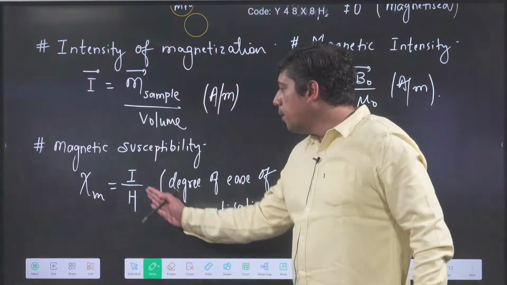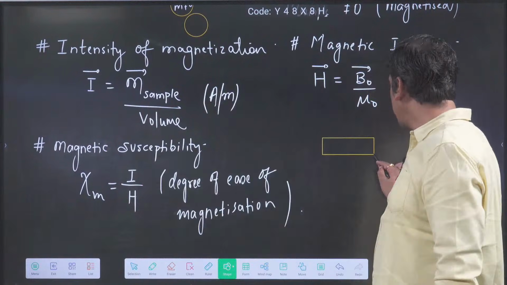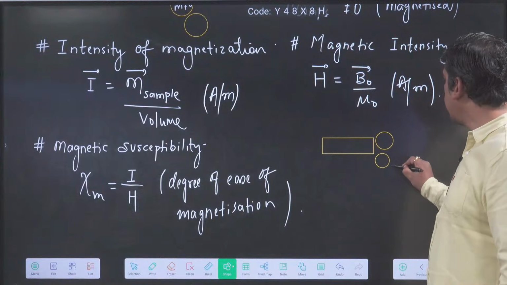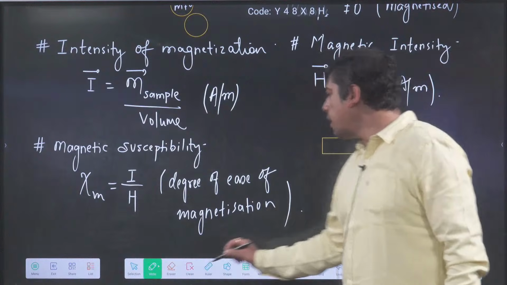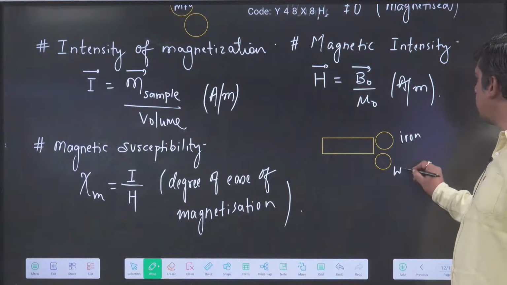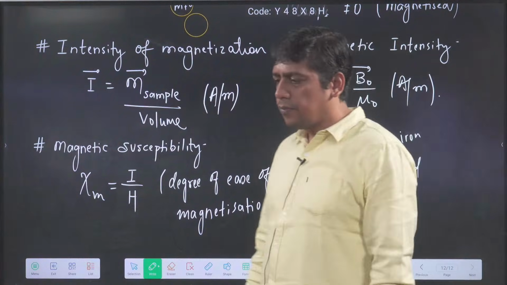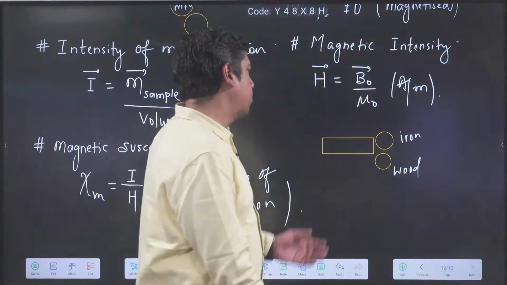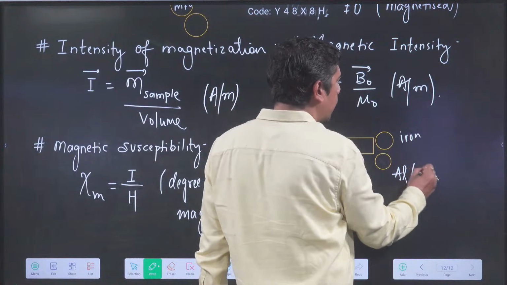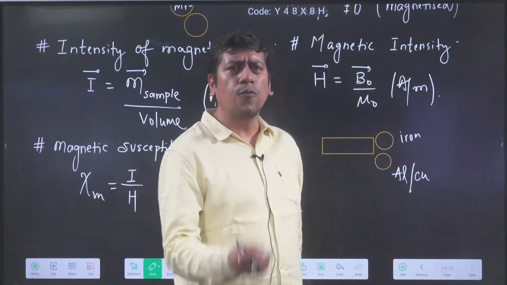Please understand, everyone. Consider this case. In the same magnet, same place, you take one iron coin and another, say wood, or aluminium or copper, which is not ferromagnetic.